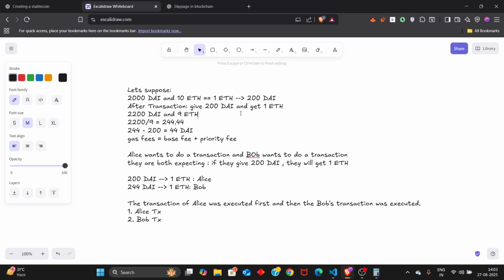But after this happens, the system now has 2200 DAI and 9 ETH. So Bob has to pay more because his transaction was executed later. He has to pay 244 DAI in order to get 1 ETH. That is why slippage is happening in real life.